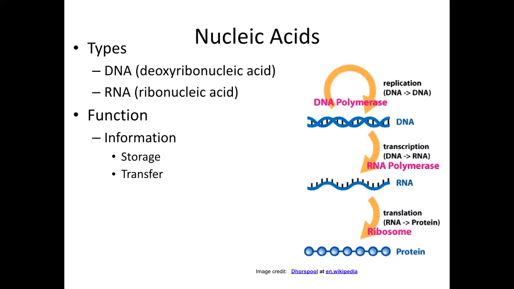And we're going to talk about the processes of transcription and translation, where you use that DNA to make an RNA copy, which then tells the ribosome how to make a protein. We talk about these processes around the same time because they involve a lot of the same chemistry, but they're distinct and they have very different purposes.